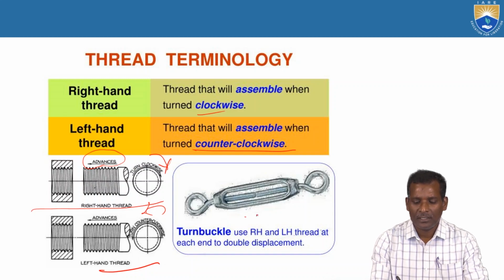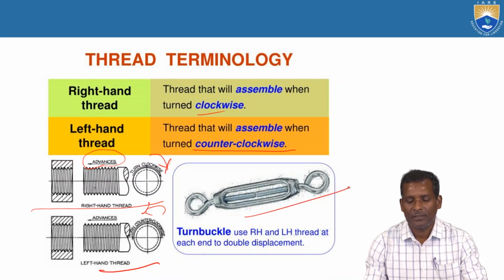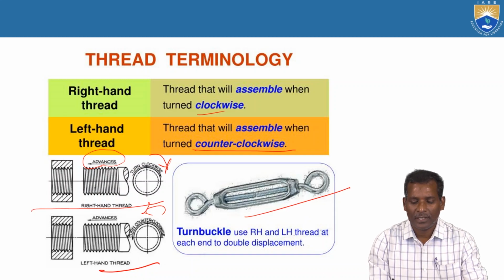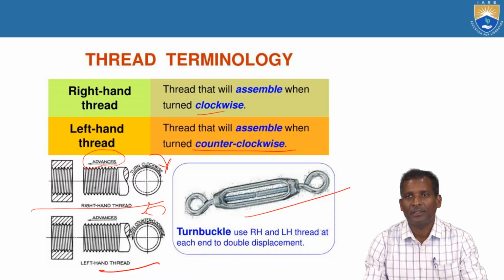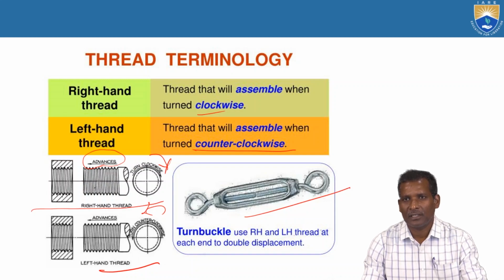In this diagram, the turnbuckle is shown. It uses right hand side and left hand side threads at each end, giving double displacement. In the previous case, single displacement happened. That depends upon the threads also. I will explain in later slides.